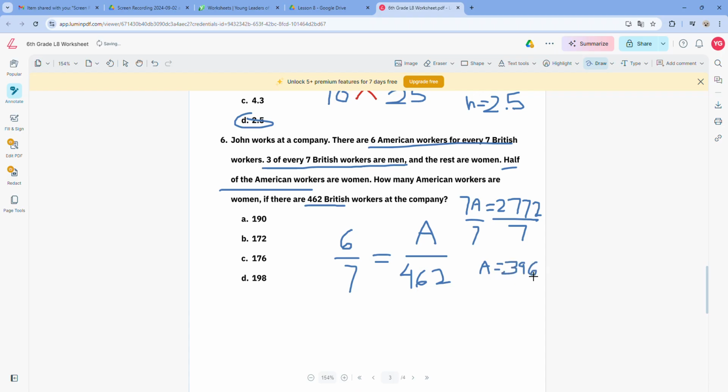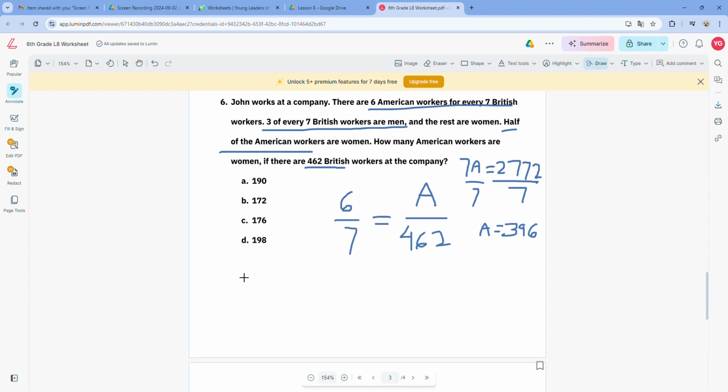So that's how many American workers there are. And we know that half of the American workers are women, so we can find out how many American workers are women by literally just dividing the amount of American workers by 2. And that gives us 198 women, and that's D.